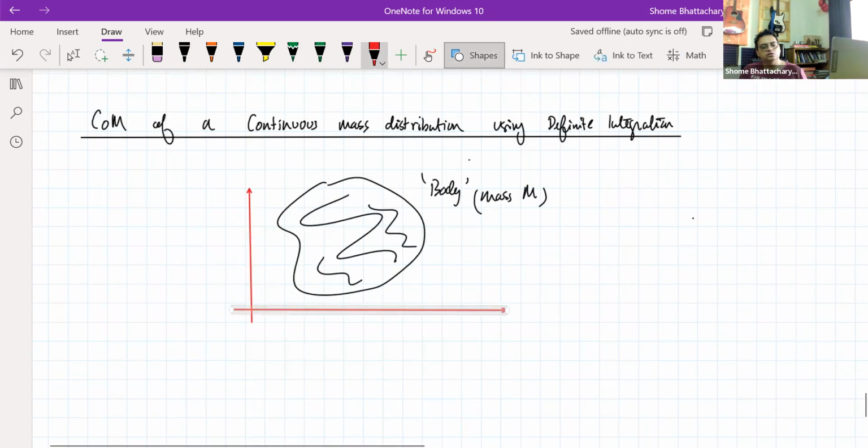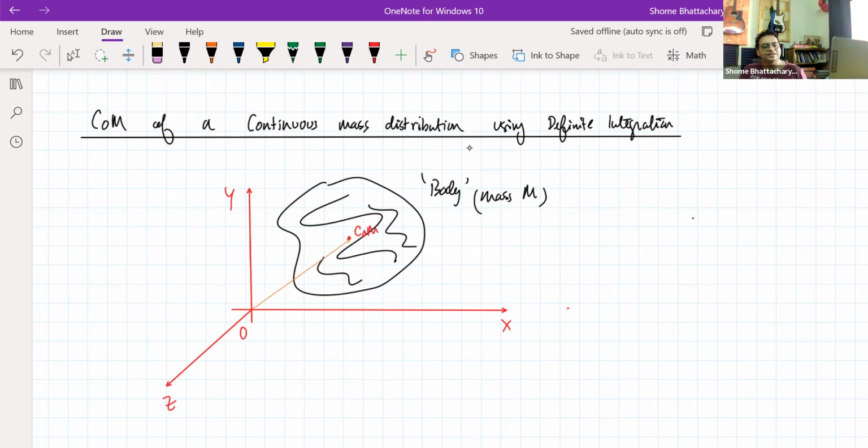So it's what we call a volume distribution of mass. Mass is distributed over a three-dimensional volume. So imagine this as a three-dimensional object which is solid. With respect to our origin, if the center of mass is sitting somewhere here, we want to now find the position of this center of mass. So we want to find R_CM, a position vector.